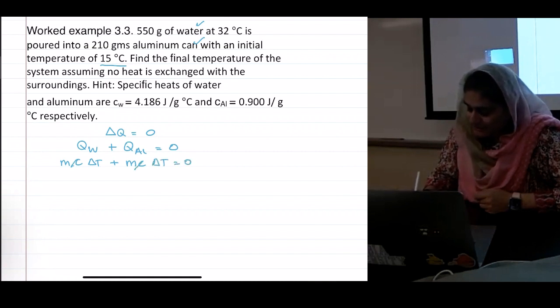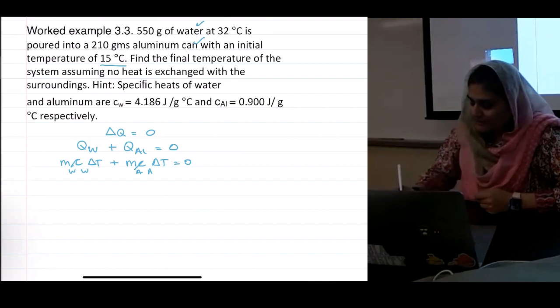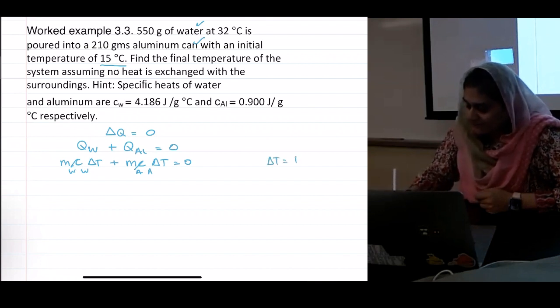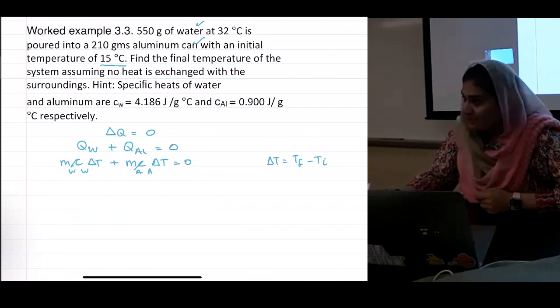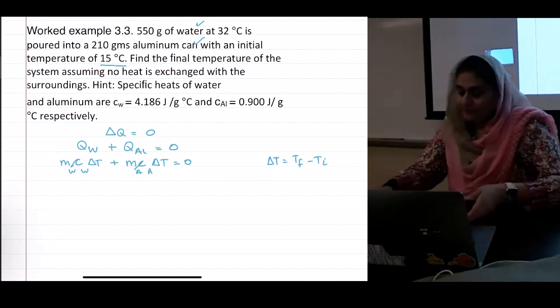This would be for water and the can. Do they give us all the values? And what is delta T? T final minus T initial. Do they give us T initials for both? Will the final temperature be the same for both? Can we plug numbers in? Done.